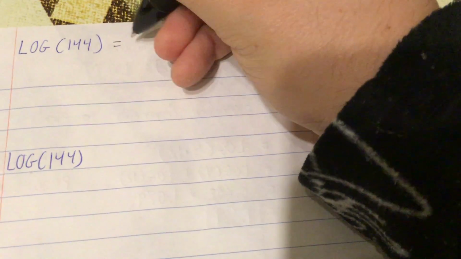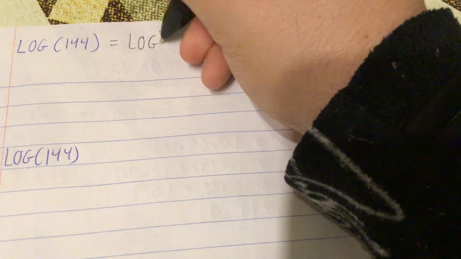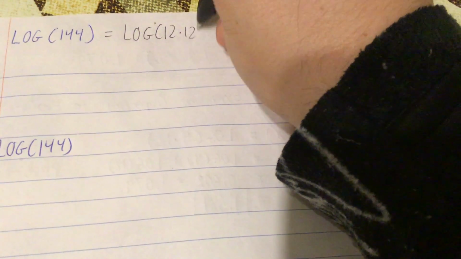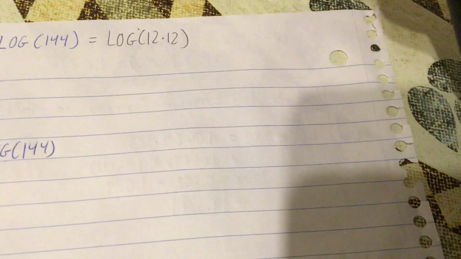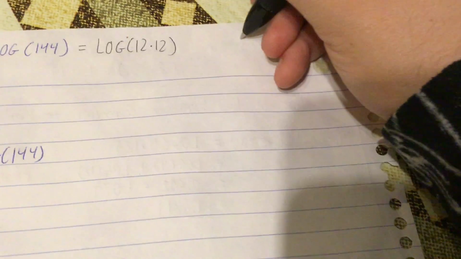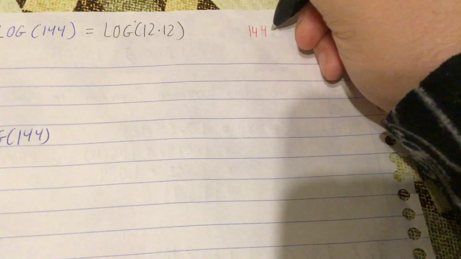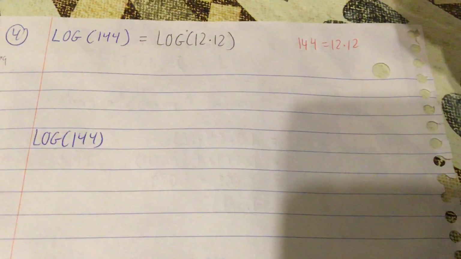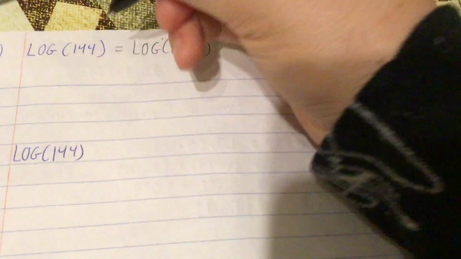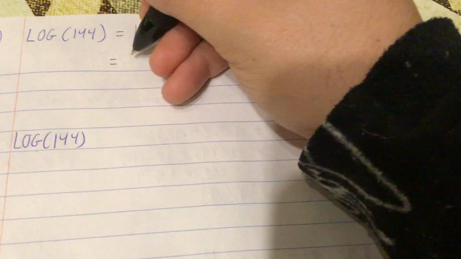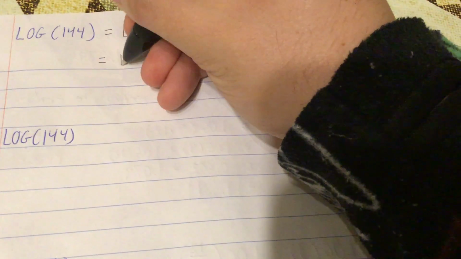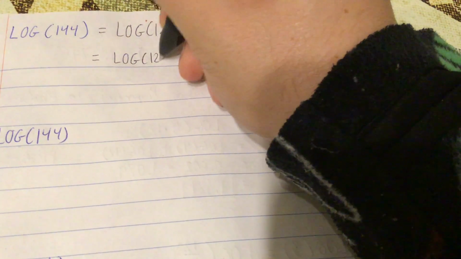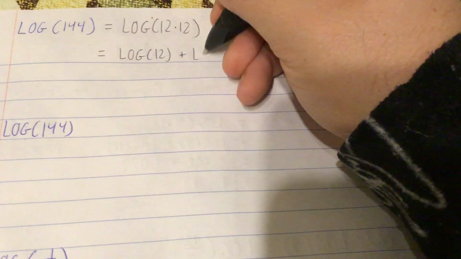Remember that I can transfer this into 12 times 12, and the reason why is because 144 is equal to 12 times 12. Now that there's multiplication on the inside, I can expand it with addition of their separate logarithms. So that's log of 12 plus log of 12.